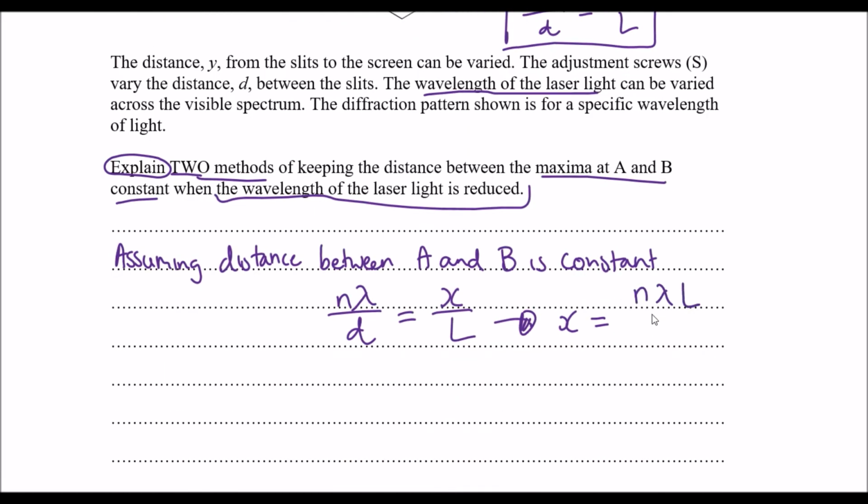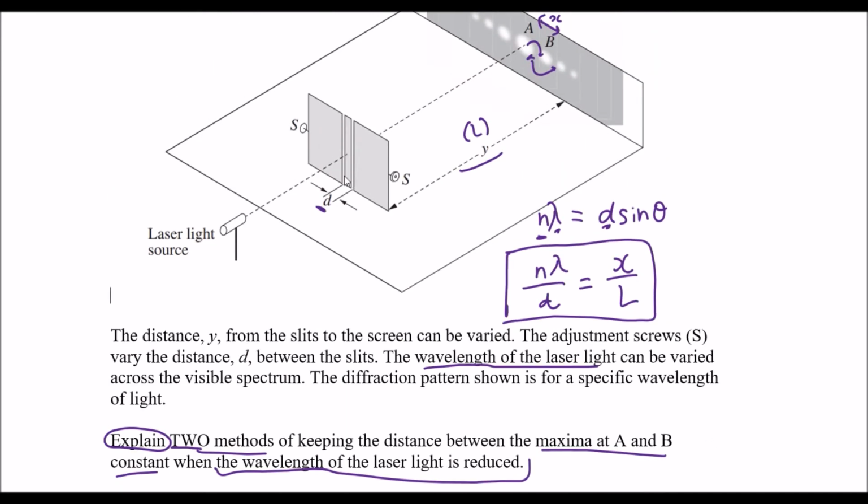Now, if the wavelength has been reduced, according to this equation, we can decrease the distance between the 2 slits, or we can increase the length by which the screen is separated. So we can make this bit smaller, or we can make this bit longer, according to our equation here.